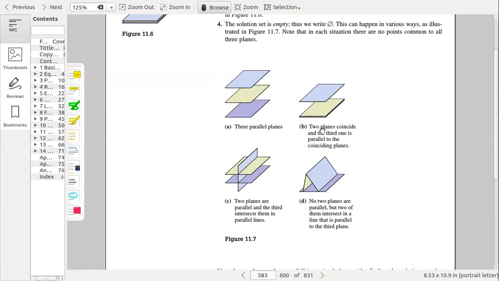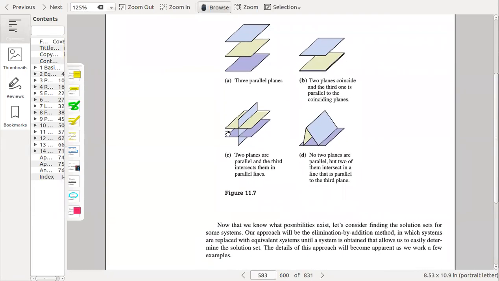And in the next figure, two planes are parallel. So two planes coincide, and the third one is parallel to the coinciding plane. So also in this situation, the solution set is empty. And in situation C, these three planes are not intersecting at one point, like two planes are parallel and the third intersects them in parallel lines.